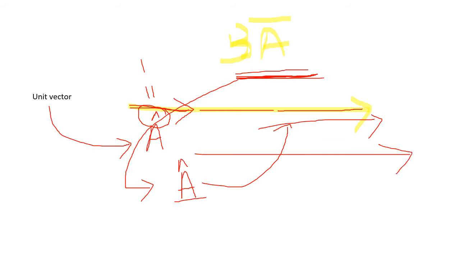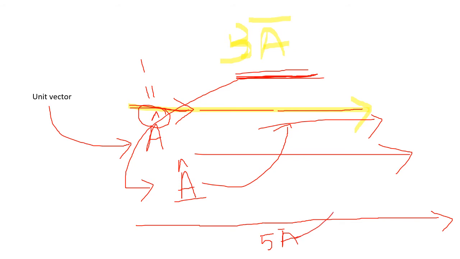So what I will do is, 1 unit vector, again 1 more unit vector, 1 more unit vector, 3 units, 4 units, 5 units. So this will give us another vector 5a bar, which is along the direction of 3a bar. Fine. And how did we find it? Using the help of our unit vector.